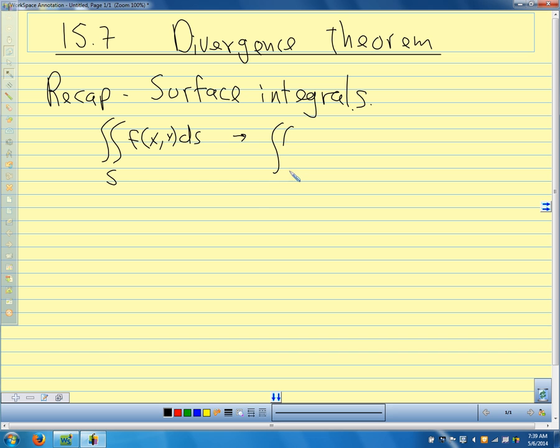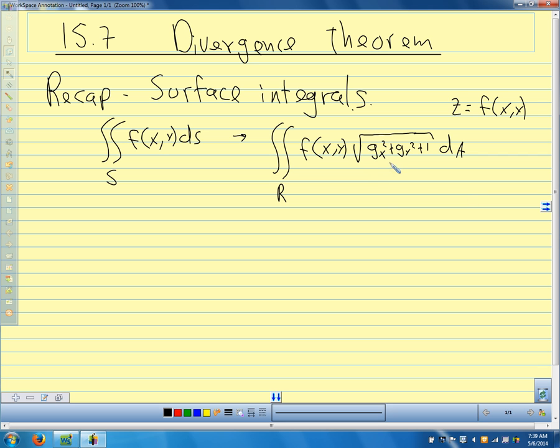That became the integral over a region in the xy plane of f of x, y times dS, and if our surface was z equals g of x, y, dS was the square root of g sub x squared plus g sub y squared plus 1 dA.